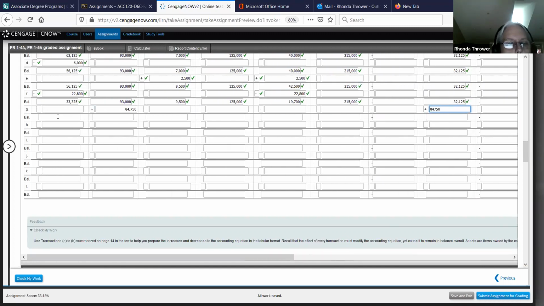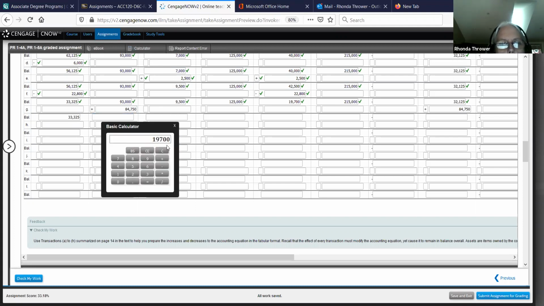Then you're going to rebalance your transaction. I'm going to add the 93,000 accounts receivable balance that I had at the beginning of the month. I'm going to add to that the $84,750.